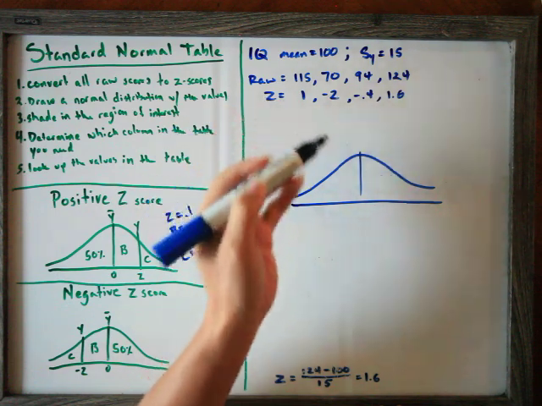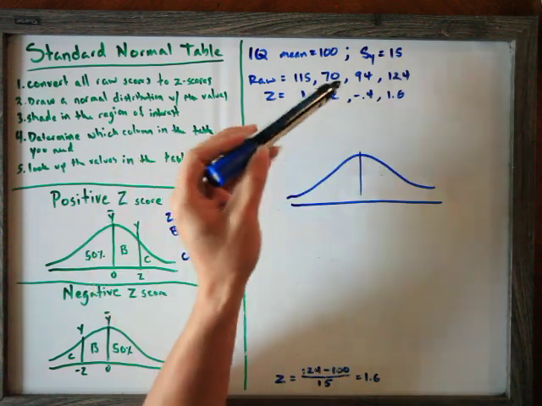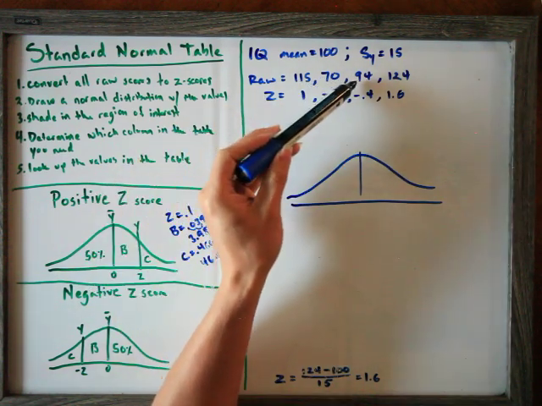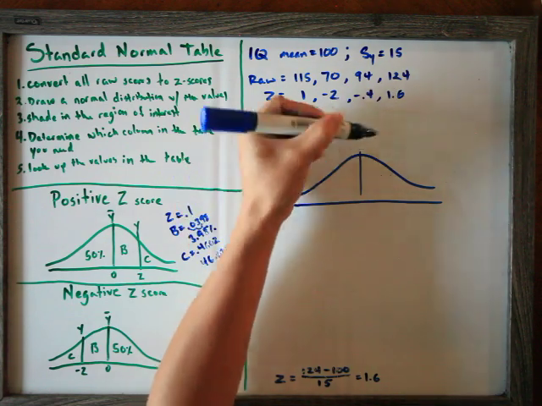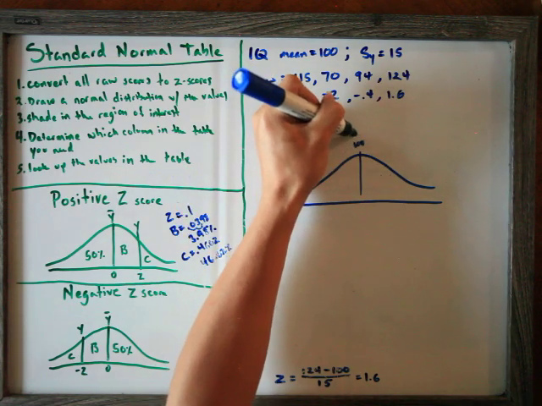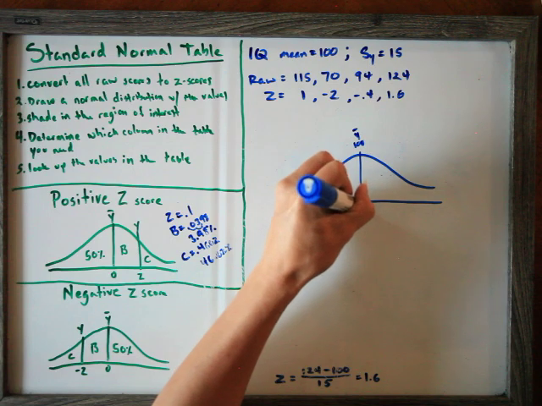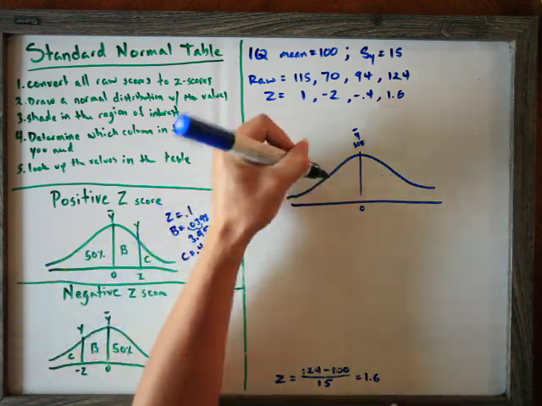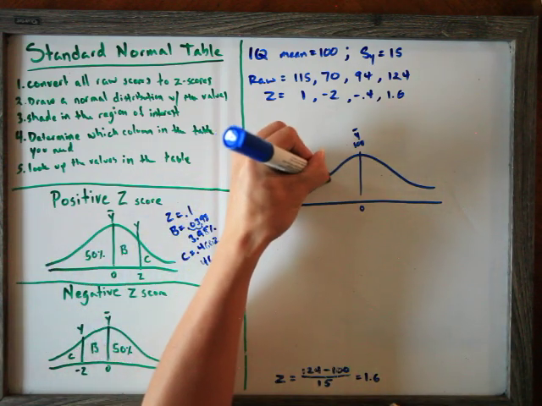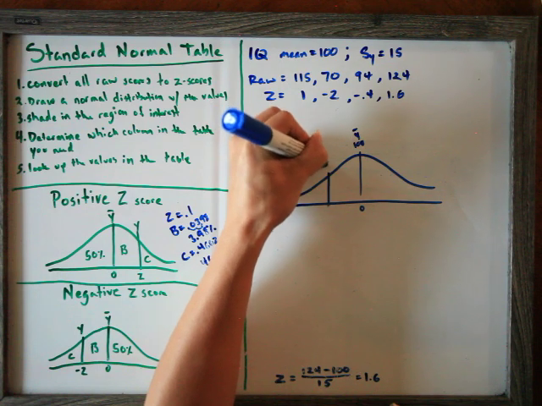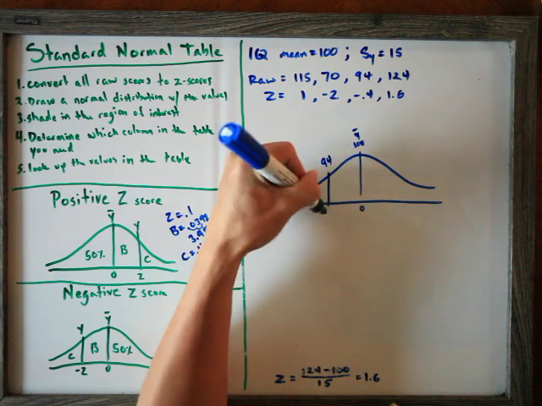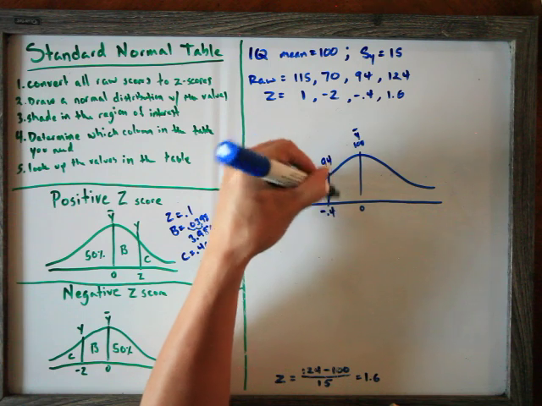So I'm going to ask you, what percent of people scored between 94 and 124? So here we have 100, which is our mean, which is a z-score of 0. 94 is less than 100, so we're going to draw a line here, label it 94, and give it a z-score of negative 0.4.